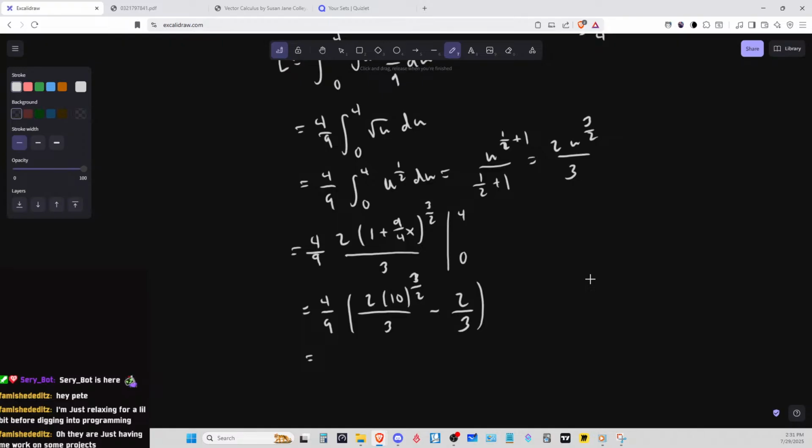Parentheses in the right place. So according to this, we got 9.7, because these 4s will cancel out, and then we're left with 10 to the.